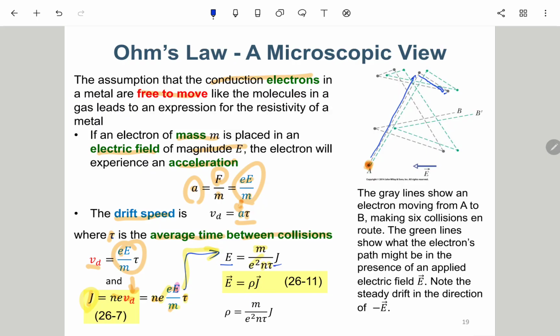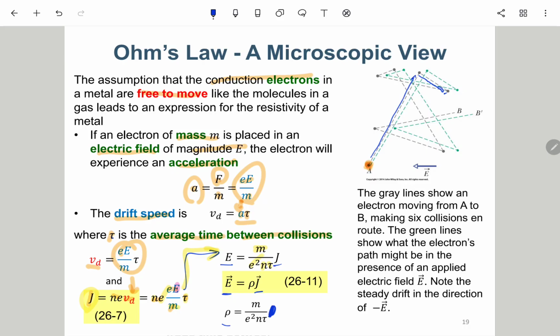So what is this something? Previously we have this so-called vector form of Ohm's law, which means that it should be equivalent to Ohm's law. If we assume this is true, by comparing these two, we will have rho equals m over e squared n tau. We don't have this J here.